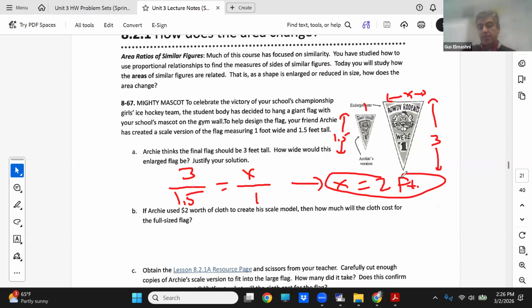Now let's add some money. If Archie used $2 worth of cloth to create a scale model, how much will the cloth cost for the full size flag? So if you're doubling the size, wouldn't you double the cost? Right?